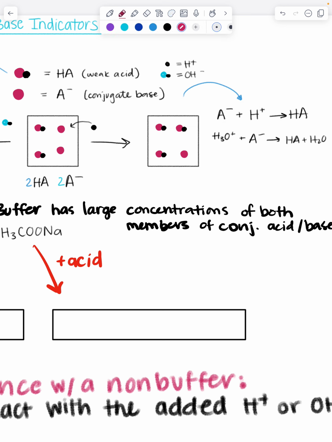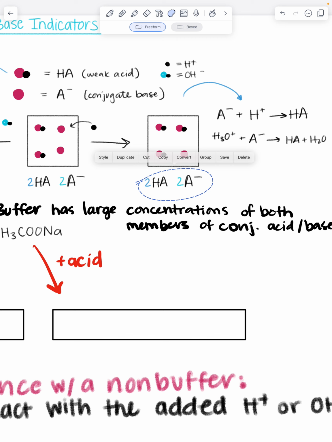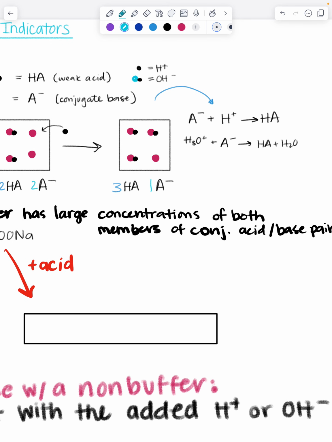So now in solution I have a 3-to-1 ratio of weak acid to conjugate base. And then eventually, if I add another H plus, obviously that's going to change it to now be a 4.